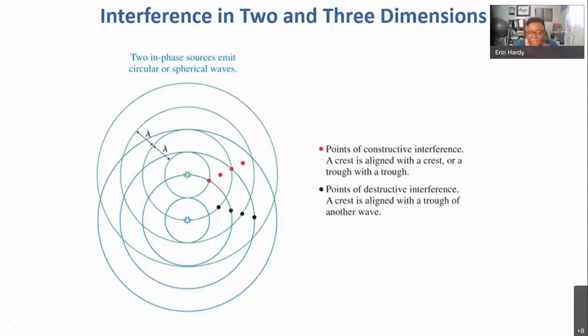And there are red and black dots here that let us mark out antinodal lines or nodal lines. We'll start with the reddish colored ones up here. If these are crest and crest or trough and trough, then we should expect to find antinodes along this line here. And the black dots, since they are one peak, one trough, they are going to be nodal lines.